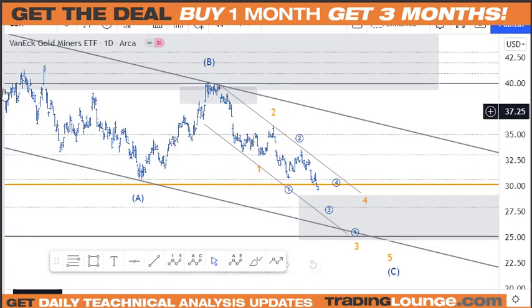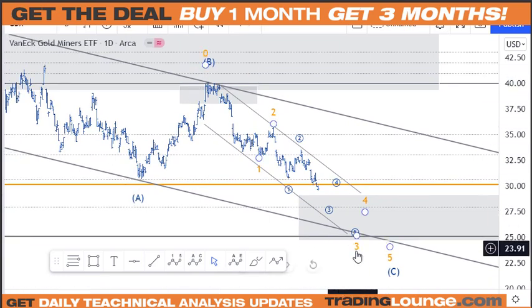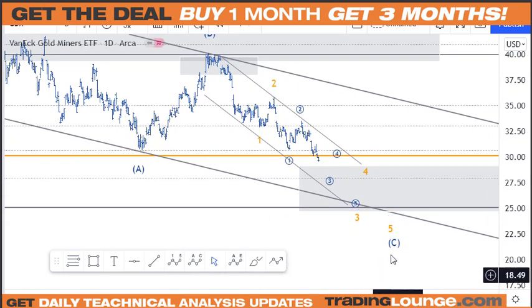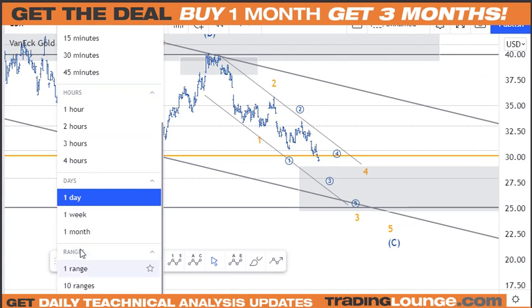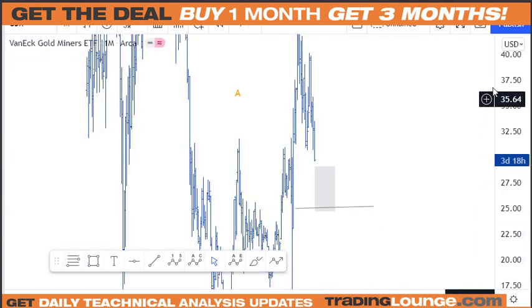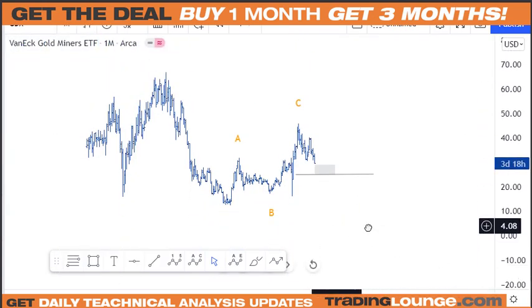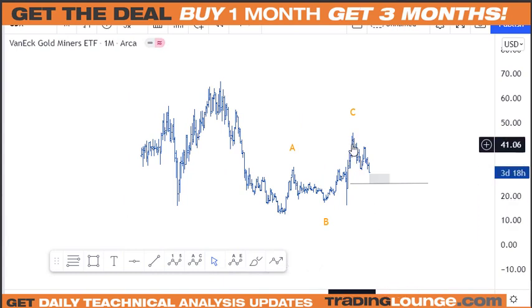You know, just as a simple A wave, B wave and C wave for a larger B wave in play, and then a move up, because it's the same pattern as GDX. If I go to a month here, I don't know what I've got here, but so we're coming down here. So we've got all of that down here is the A wave, the B wave and the C wave to $25.